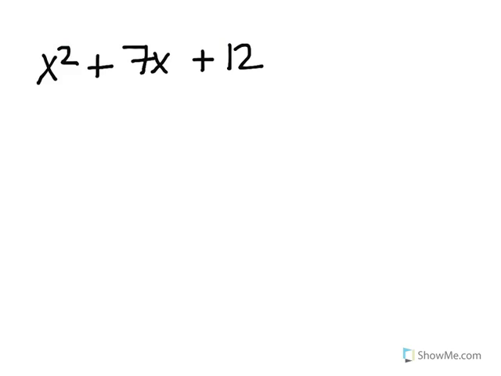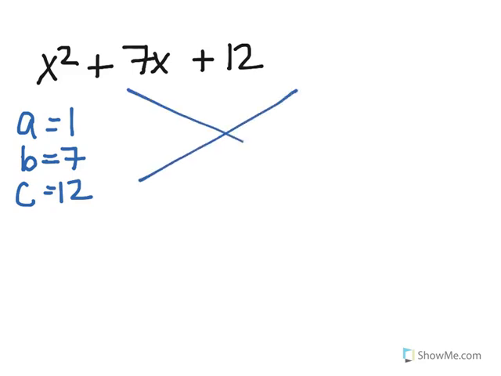X squared plus 7x plus 12. So first of all, let's figure out a, b, and c. A is 1, b is 7, c is 12. Now, for our x factor, we want to do a times c. So 1 times 12 is 12. Down here, we're going to put the value of b, which is 7. Now I need two numbers that when I multiply them together give me 12, and when I add them together give me 7.